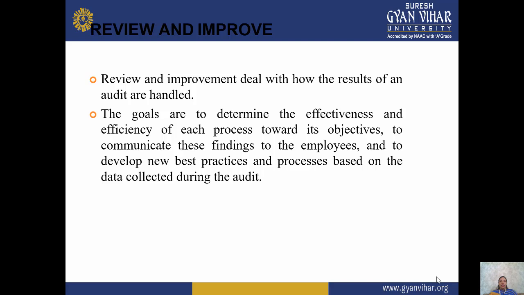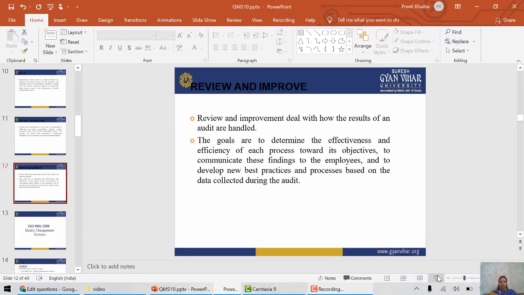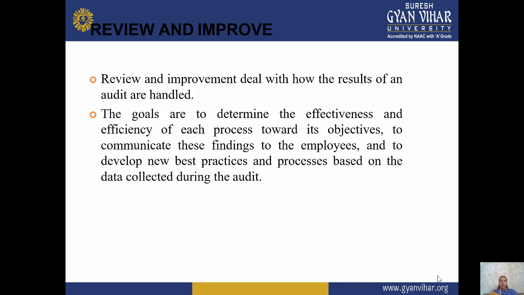The goals are to determine the effectiveness and efficiency of each process towards its objective, to communicate these findings to the employees, and to develop new best practices and processes based on the data collected during the audit.